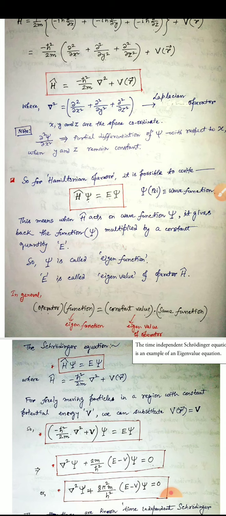So we can say the final Schrödinger equation is H psi equals E psi.